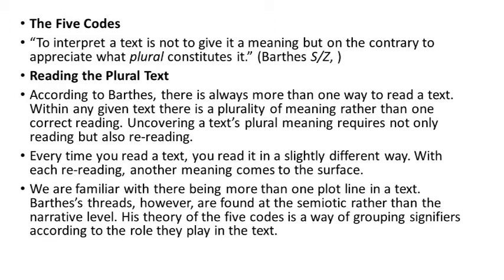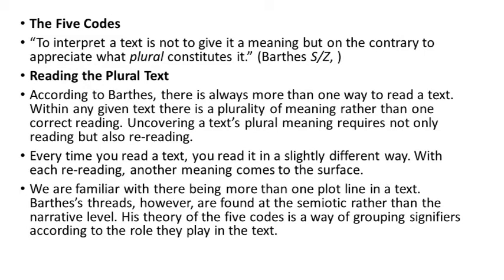Uncovering a text's plural meaning requires not only reading but also rereading. When we read a work, we may get a denotative meaning, but when we go deeper and deeper, we get connotative meanings. Every time you read a text, you read it in a slightly different way. With each rereading, another meaning comes to the surface.